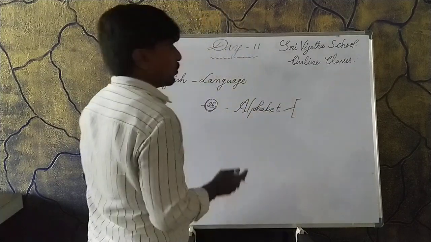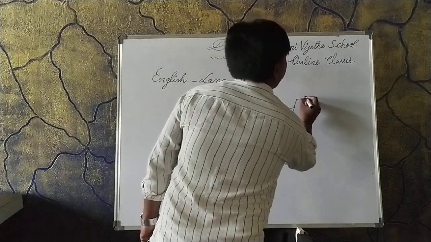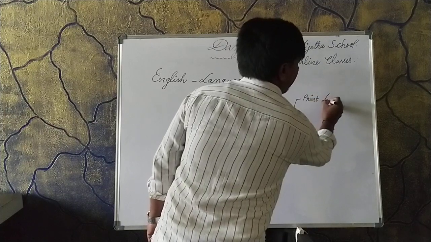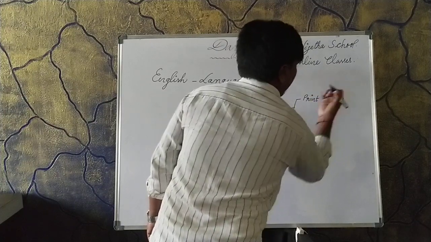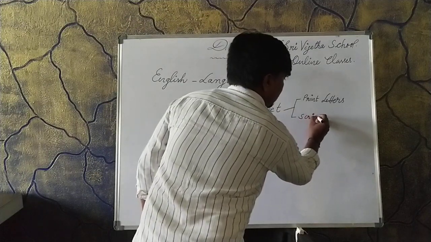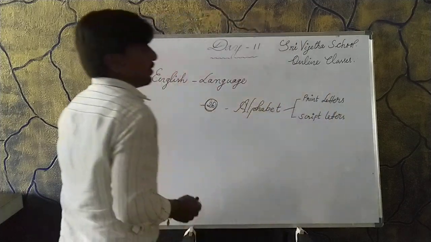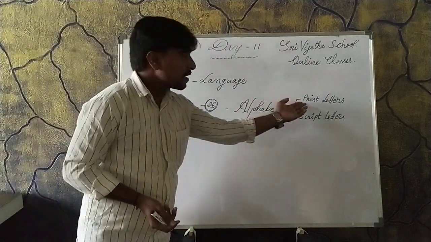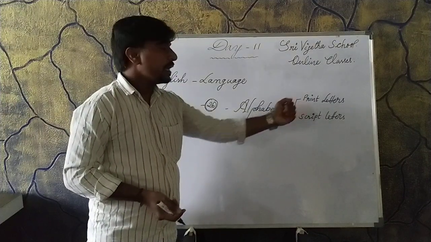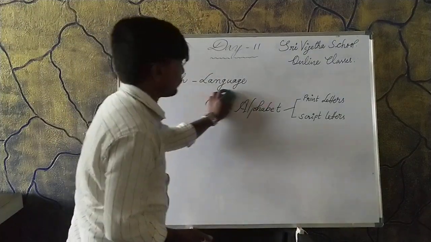The first one is print letters, and the second one is script letters. Print letters are what we often see in our textbooks.